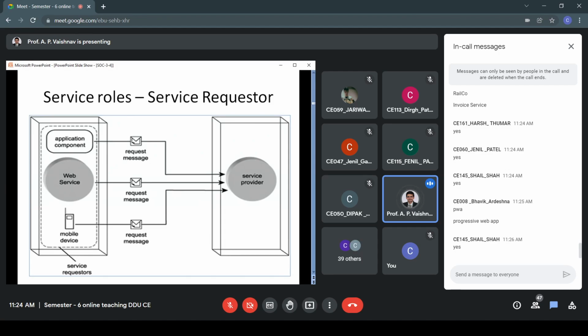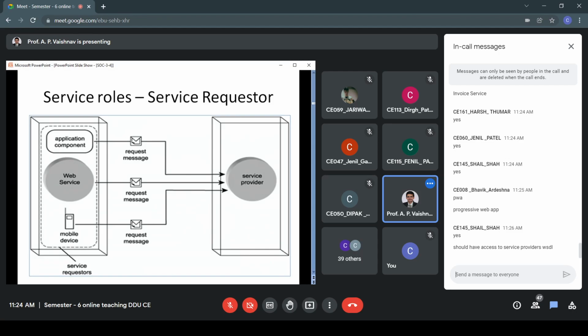Like in previous case, we had seen the condition of provider. Correct. Should have access to service provider WSDL. Correct. So you should be having search capability, isn't it, Shail? So you can search for available descriptions, right? And then you can access it, right? So search and access, that is one constraint. Yes. What is the second and obvious constraint?